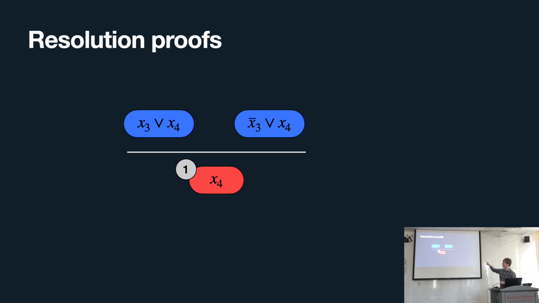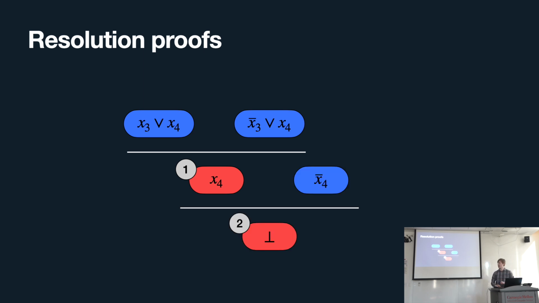So here, if we resolve on x3, we append x4 and x4 together to get x4, and thus we have our first resolution clause. If we have a different formula clause, not x4, then we can resolve against those to get the empty clause. And thus we have an unsatisfiability proof in the resolution proof system. We first add x4, and then we add the empty clause.